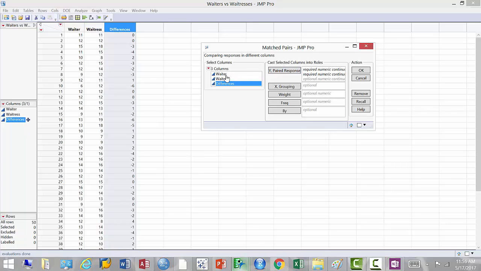Here I don't really care which comes first and which comes second, because I'm really testing equal versus not equal. So it's not the right tail, it's not the left tail, it's both right and left. It doesn't matter which one you pick first, which one you pick second. It's going to be both tails anyway. Waiter versus waitress, very good.